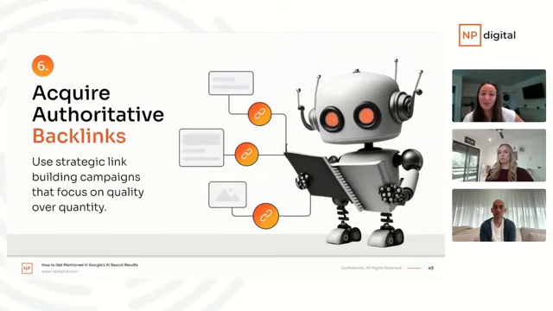And this one you've probably heard from us a lot in various different forms, but backlinks still matter. Authority still matters. You want to build campaigns that prioritize high value backlinks. And it's not just about citations. It's about credibility in general, right? Google wants to reward brands that people trust.